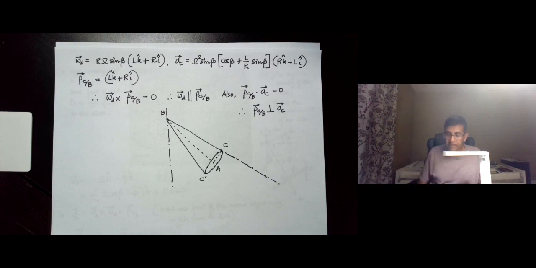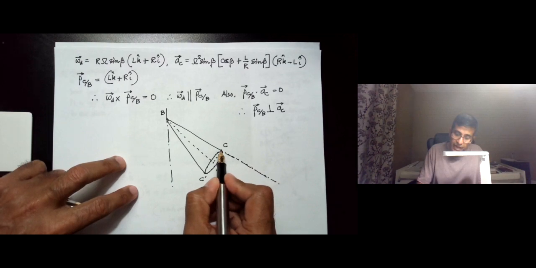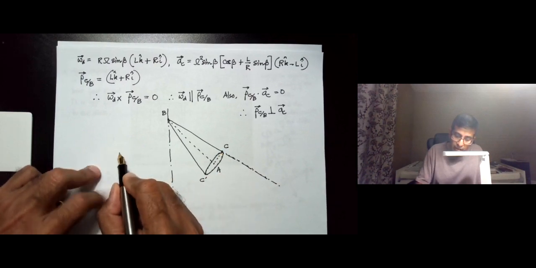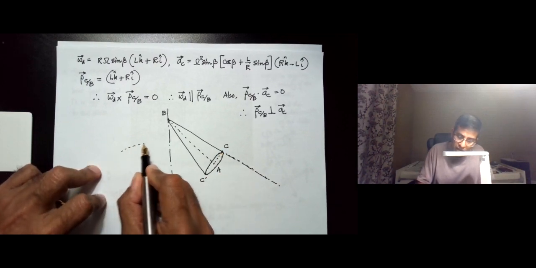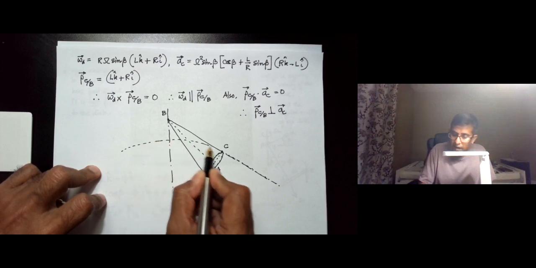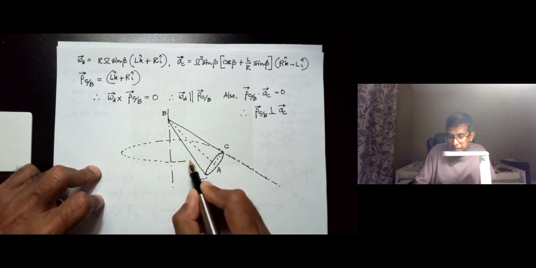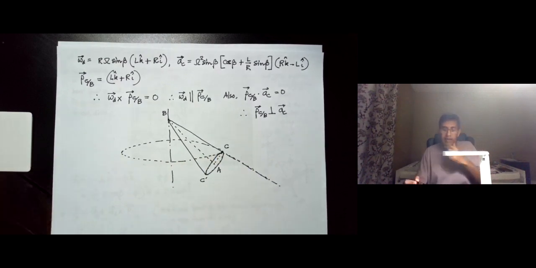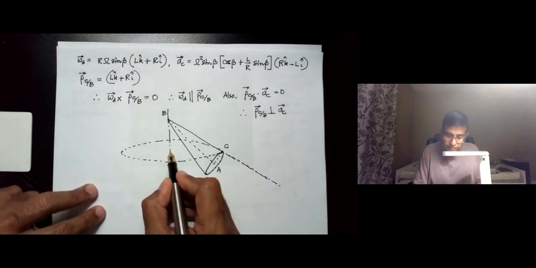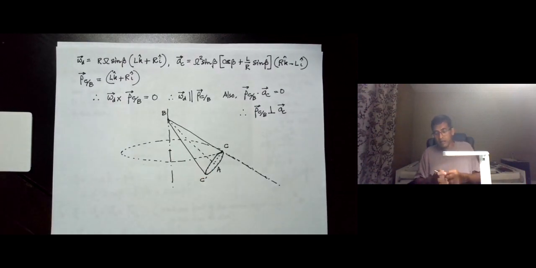and as the cone physically rolls without slipping on the inner surface of the cylinder, what will happen is that the contact point will essentially trace a circle.